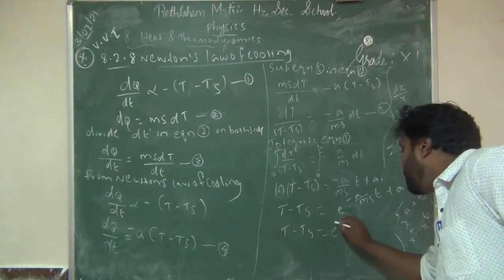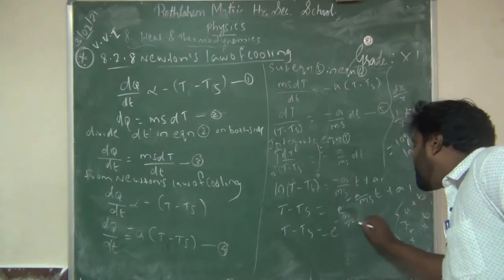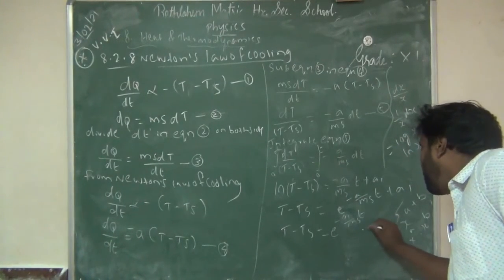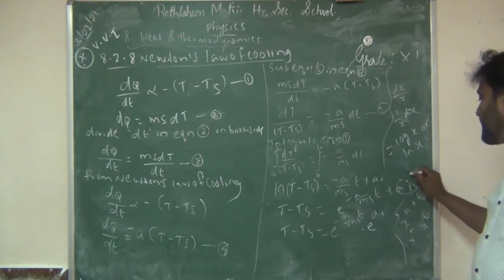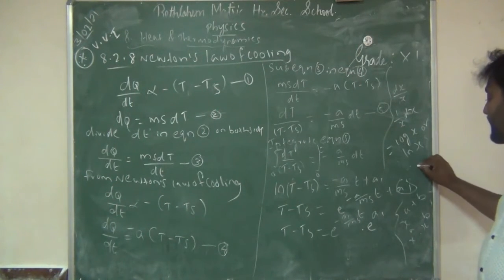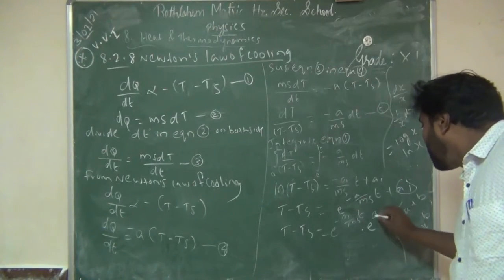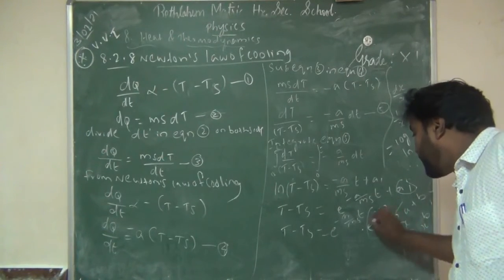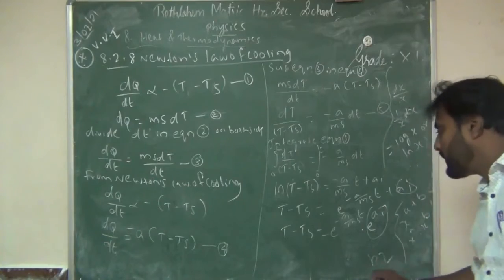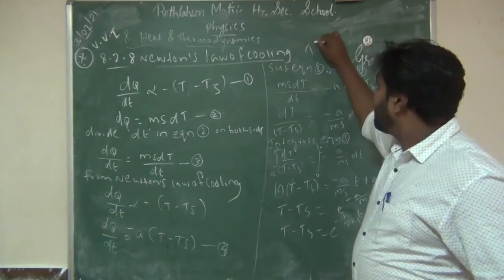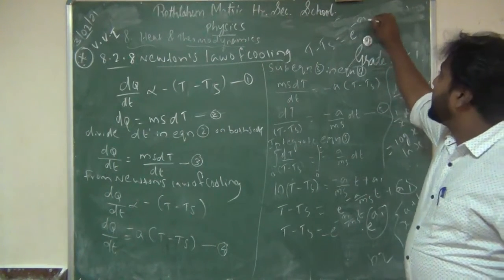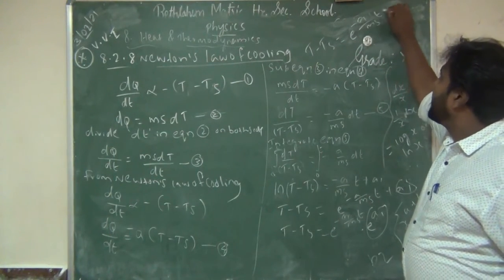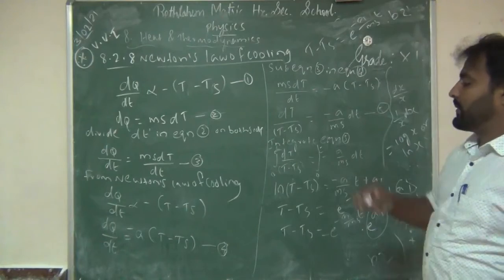So e power minus A by m s t into e power A1. Now take e power A1 as one constant, call it B2. So T minus Ts is equal to e power minus A by m s t into B2.